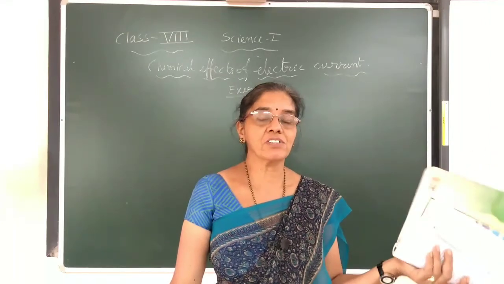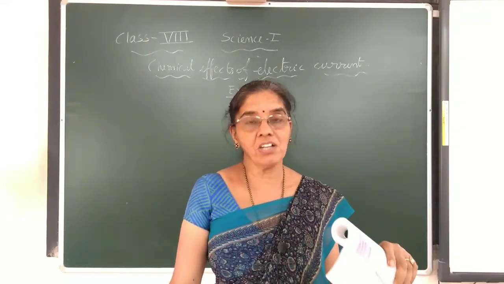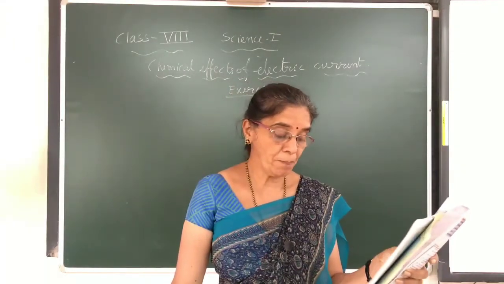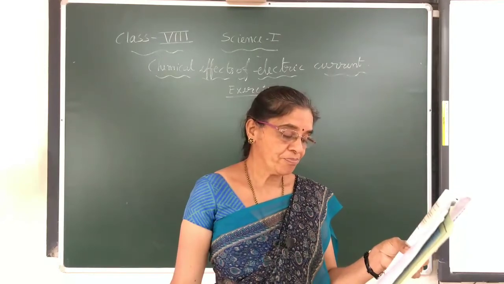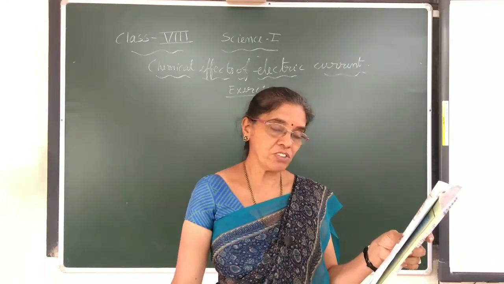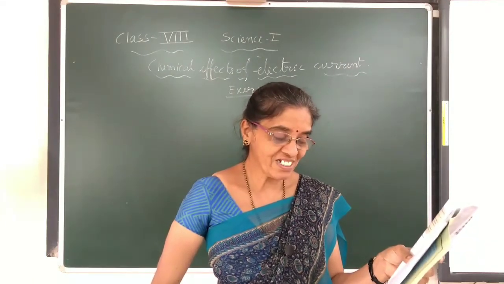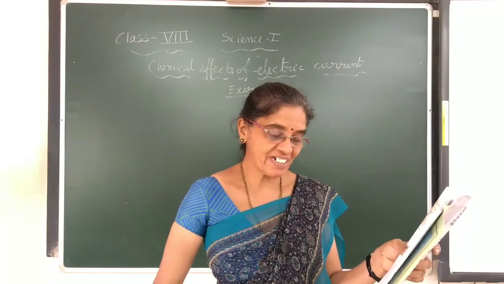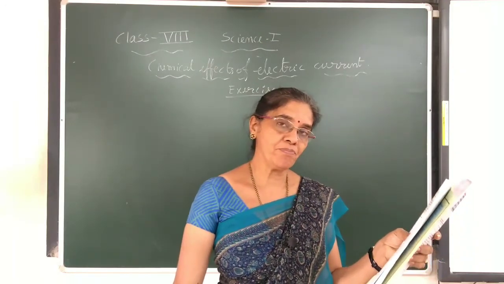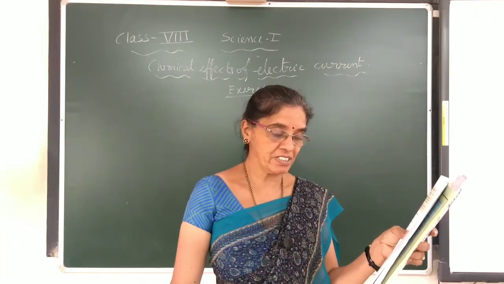So in one of the electrodes the metal will dissolve and it will deposit on the other electrode in electroplating. We want the copper present in the impure rod to be transferred to the thin copper plate, which is in the pure form, in the purification of copper experiment.